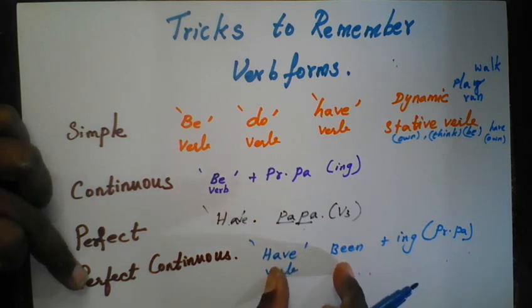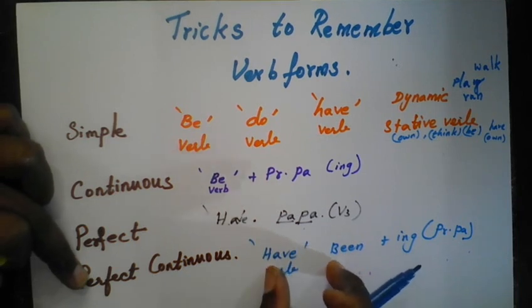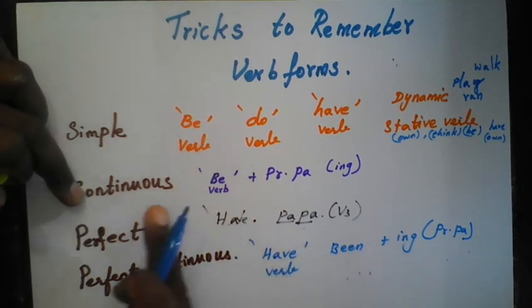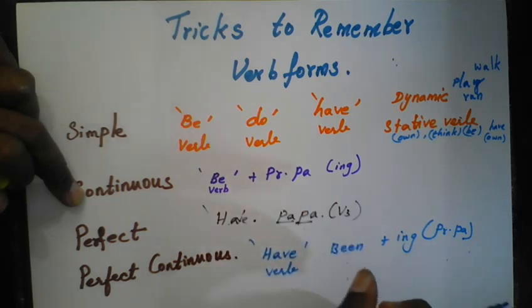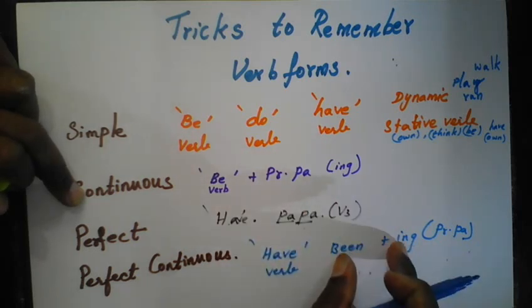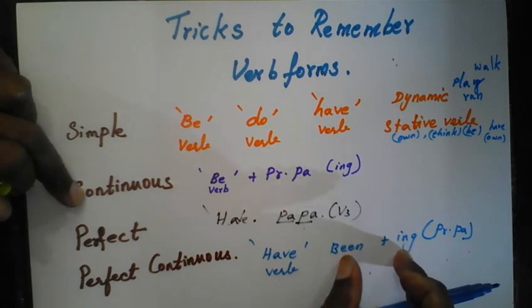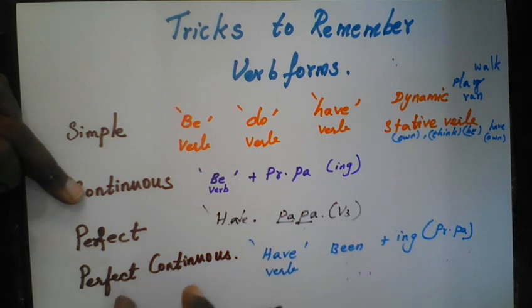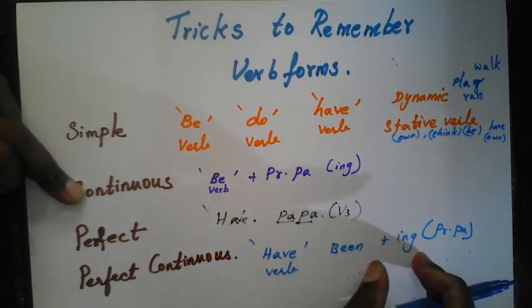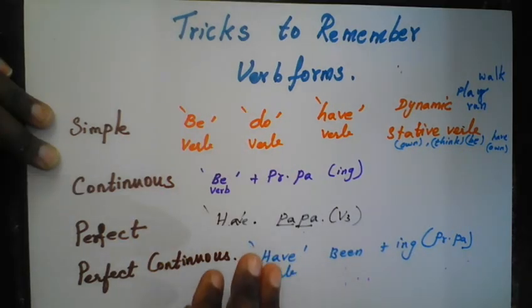So the perfect condition is satisfied. Next, continuous needs a be verb with present participle. Here it's a be verb and here a present participle. So Be Prabha is also getting convinced. So perfect continuous should have have verb plus been plus ing. So just give importance to these tricks, my dear children, because this will take you to the next step of our grammar part. Okay?